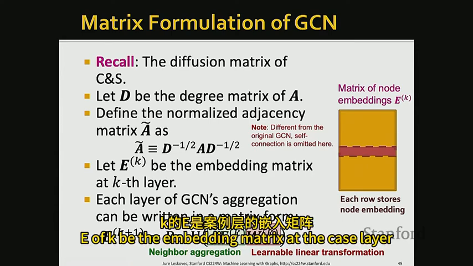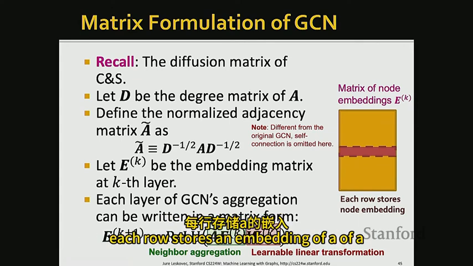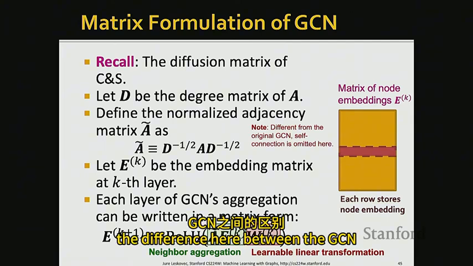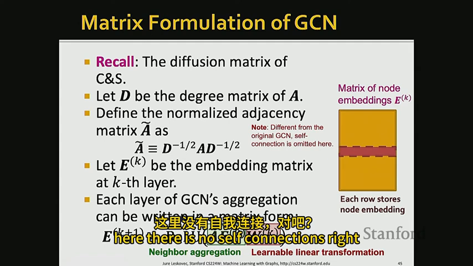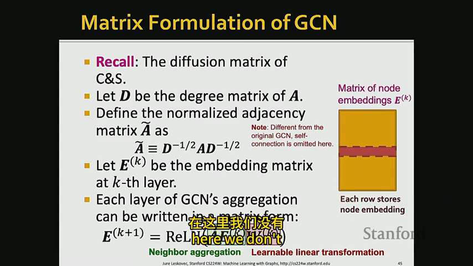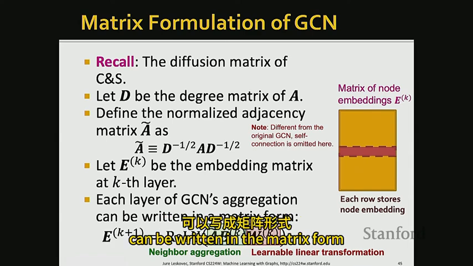And then let E of k be the embedding matrix at the kth layer. And again, the embedding matrix is simply each row stores an embedding of a proper node. The difference here between the original GCN formulation is that here there are no self-connections, right? In the GCN, we added a self loop to every node. Here we don't, okay? And then each layer of GCN's aggregation can be written in the matrix form.